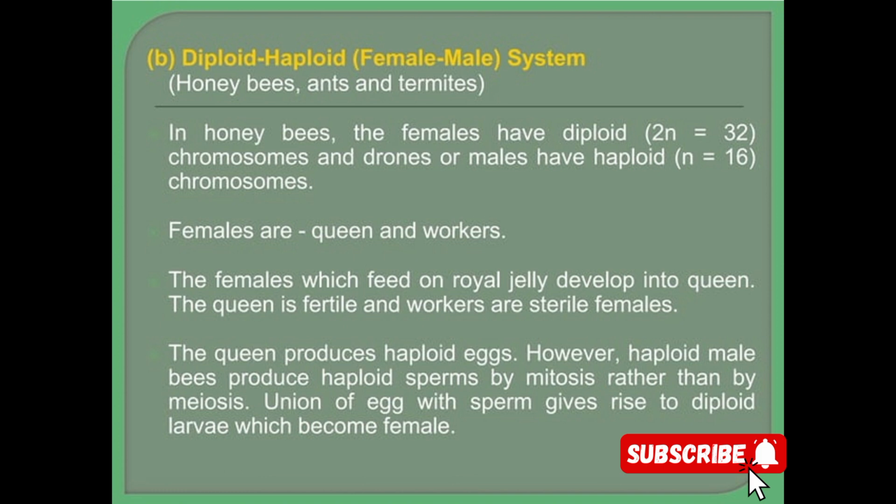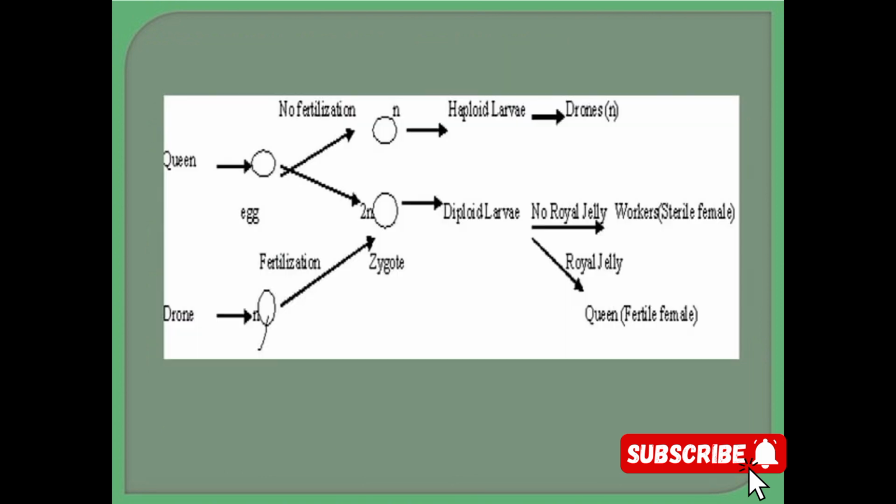The queen produces haploid eggs. However, the haploid male produces haploid sperm by mitosis rather than by meiosis. Meiosis takes place in the female honeybee, ants, and termites, while mitosis only takes place in spermatogenesis in the male of honeybees, ants, and termites.